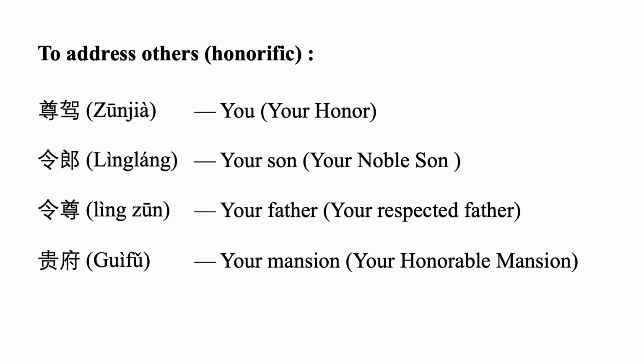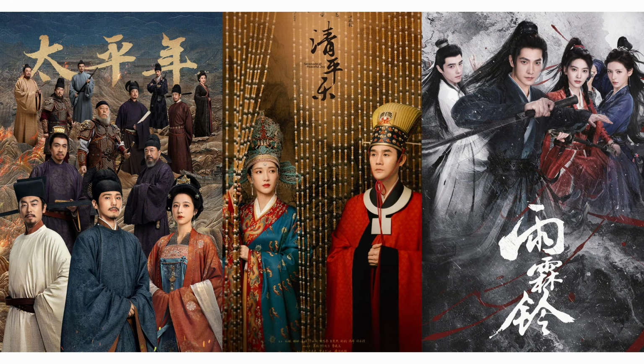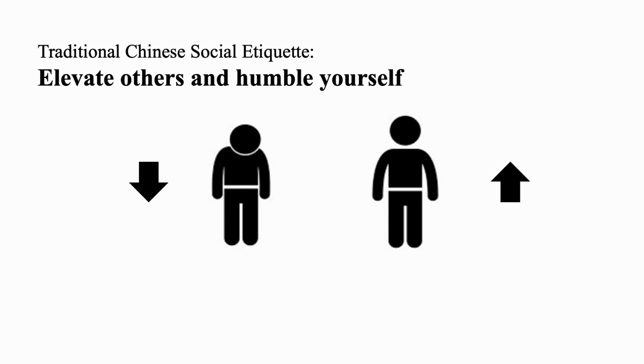Conversely, to address others, terms like 尊驾, 令郎, 令尊, 贵妇 were used to elevate the speaker's counterparts. While most of these historical expressions have disappeared into period dramas and classical literature, the underlying mindset never truly vanished.